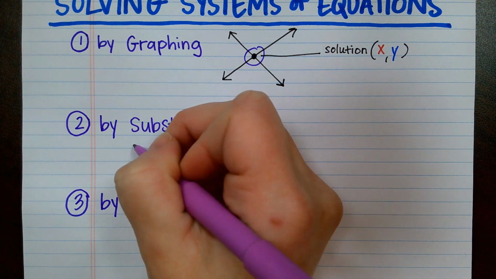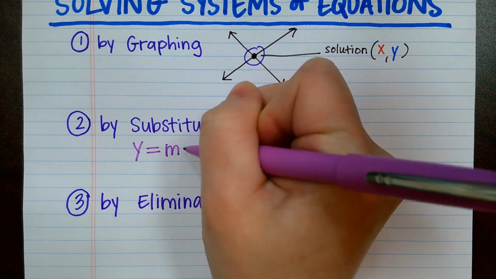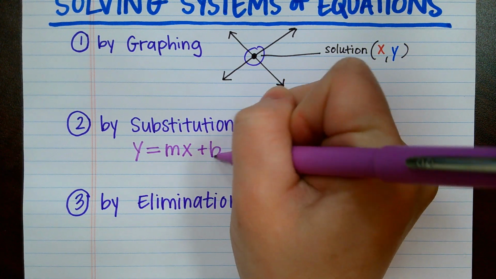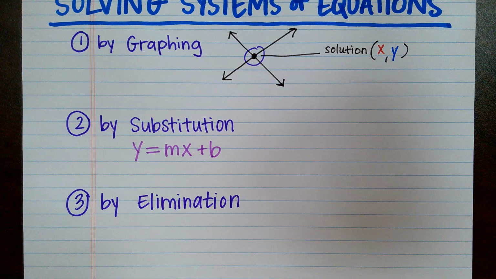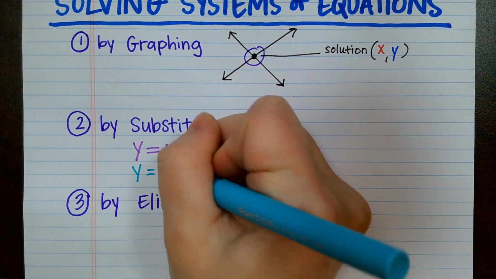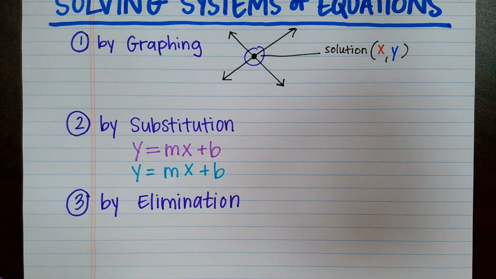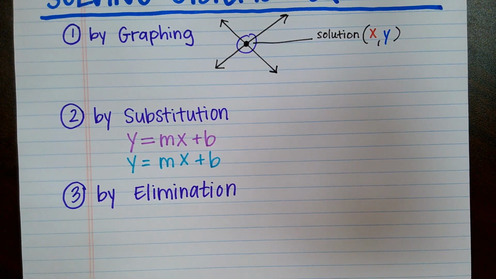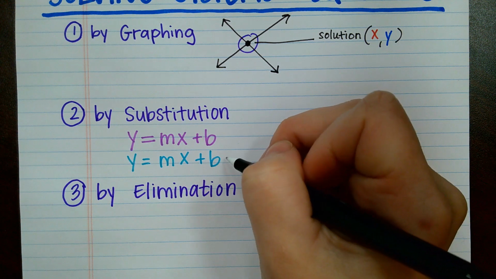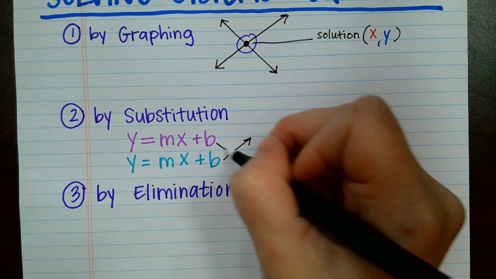So we have y equals mx plus b, and another y equals mx plus b. So what we end up doing to solve for the solution here is this.